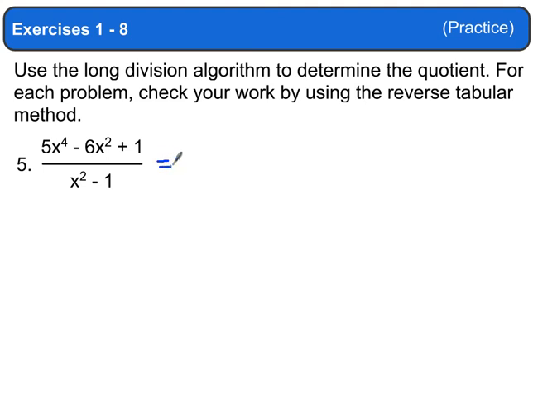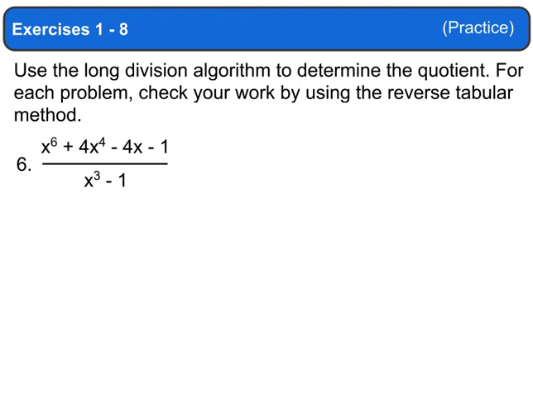The quotient for number 5 is 5x squared minus 1 as the final answer. Remember, there are some placeholders missing in here, like you see, the 3's missing here, the linear term's missing.